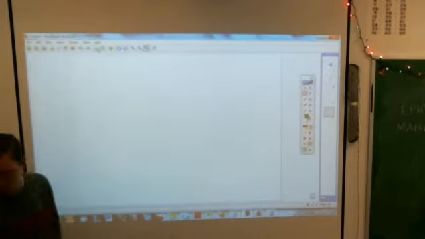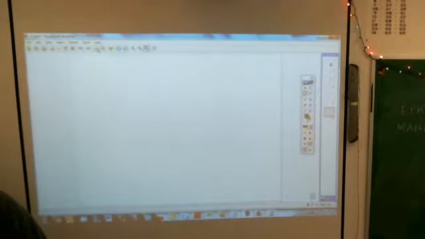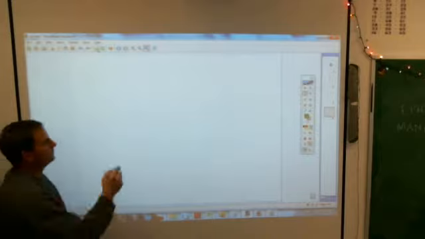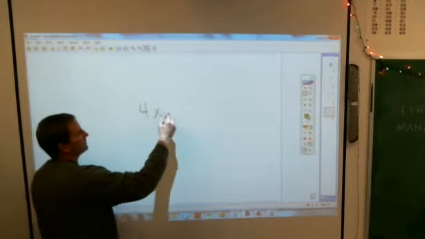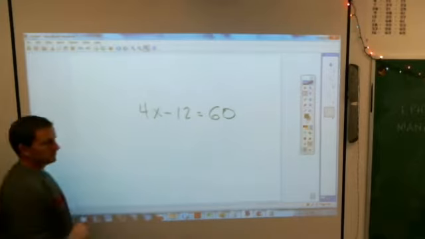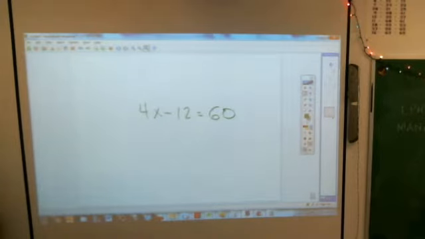So, for example, let's do a little more complicated one. Where's the subtract? 4x minus 12 is 60. What will be the first thing I do? Carter Westfall.